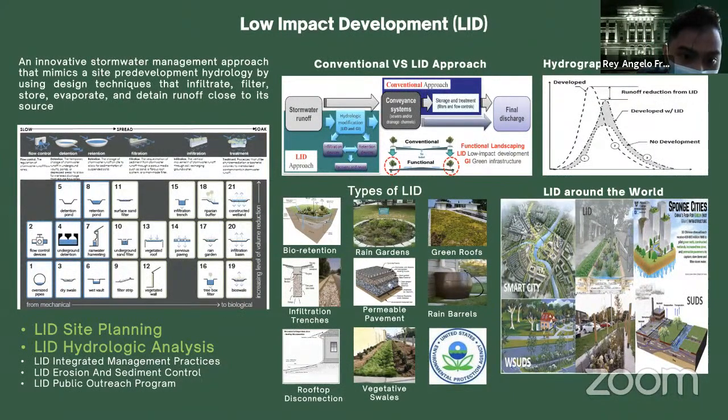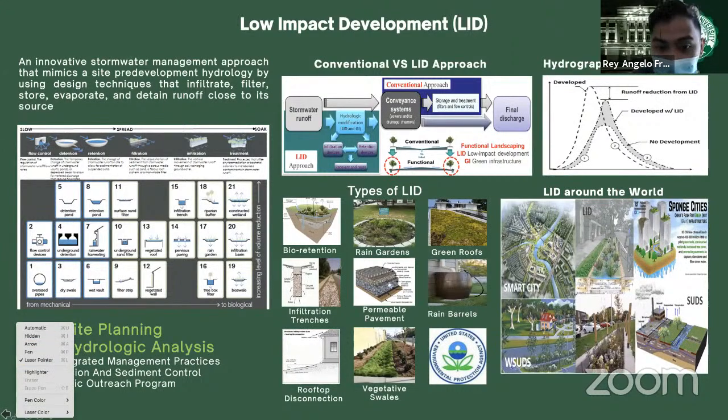The different types are the bioretention, rain garden, green roof, infiltration trench, permeable pavement, rain barrel, rooftop disconnection, and the USEPA. It was actually used around the globe in the US, Korea, China, Australia, and UK with different names such as smart cities, WSUDs, and others.